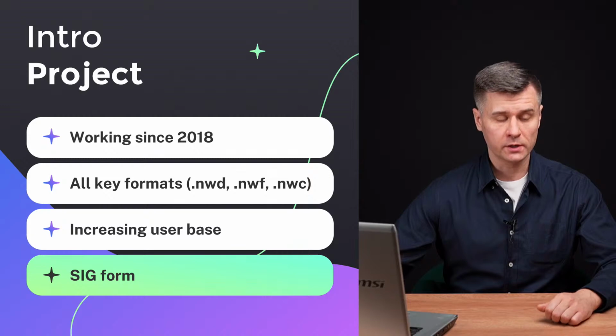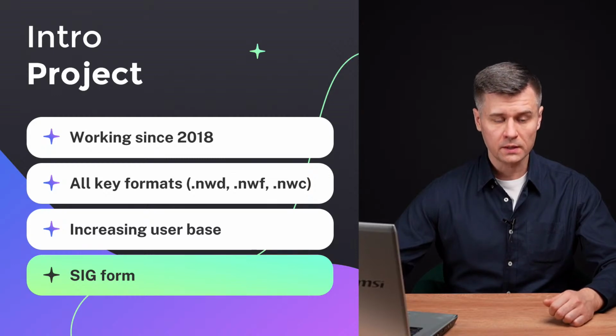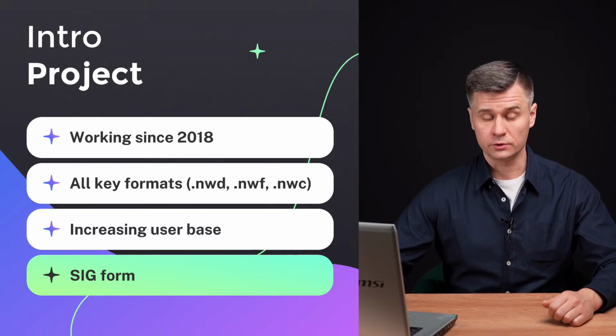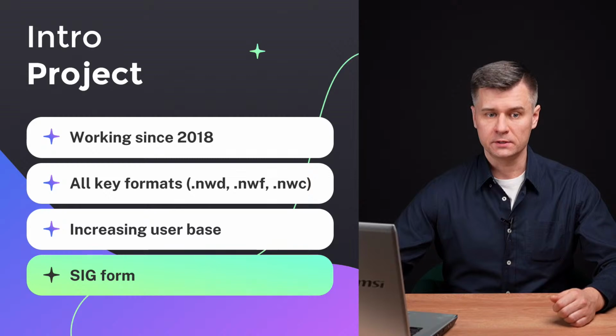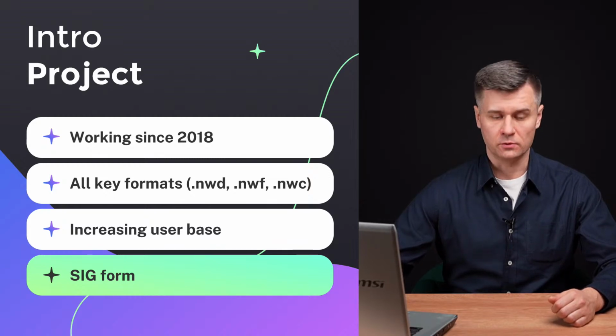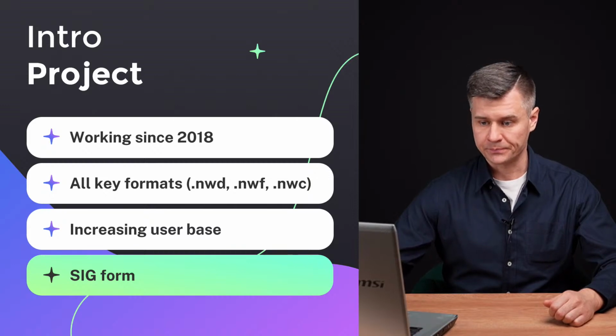And when talking about its organizational form, it's a special interoperability group. That means that the members of this group and users of this SDK are involved in discussions, in setting the development priorities, and so on, based on regular meetings with the team, providing the feedback, and so on.